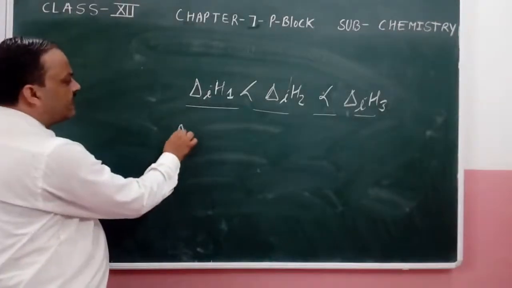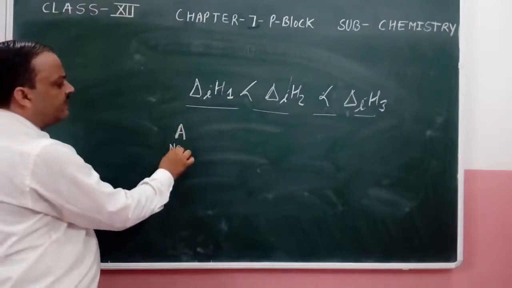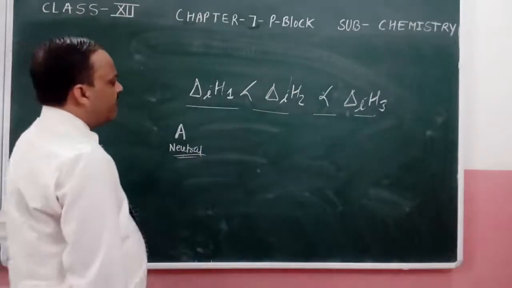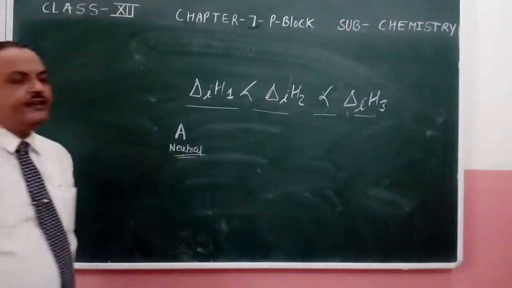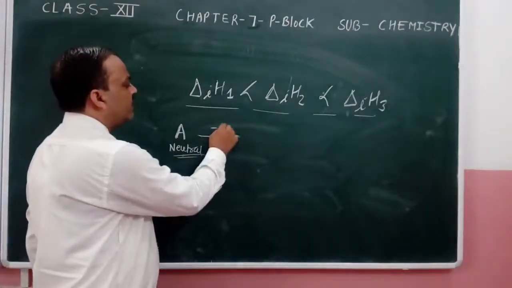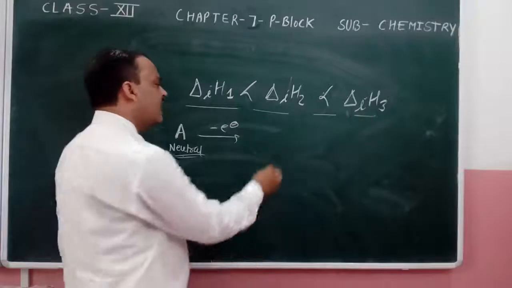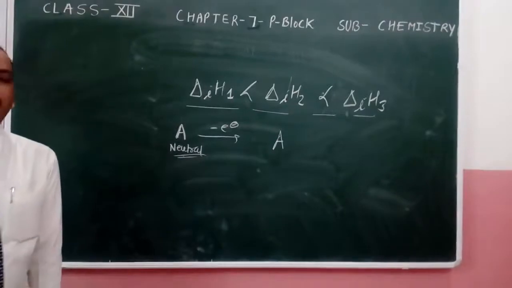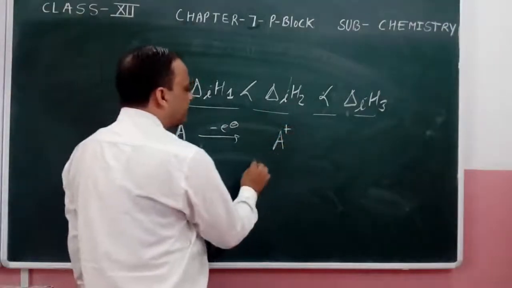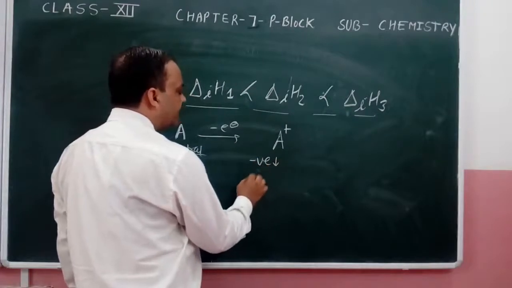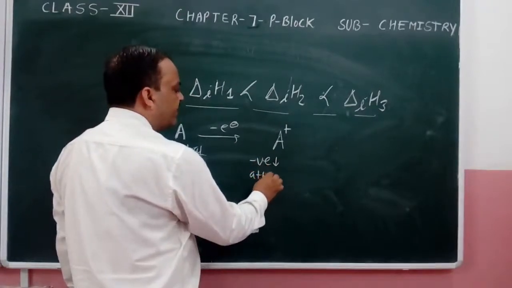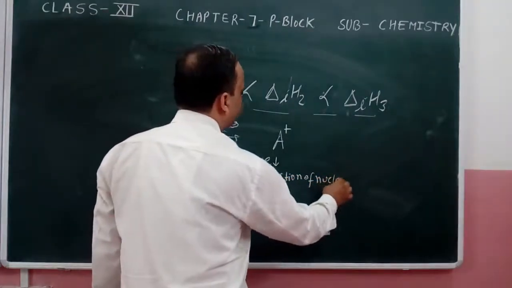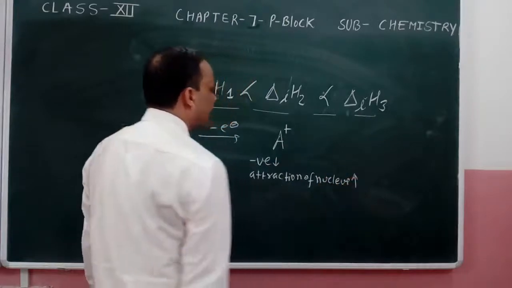If we have this atom and this element is neutral in this condition, whenever we apply energy and remove the electron from its outermost shell, the negative charge gets reduced and the attraction of the nucleus increases.